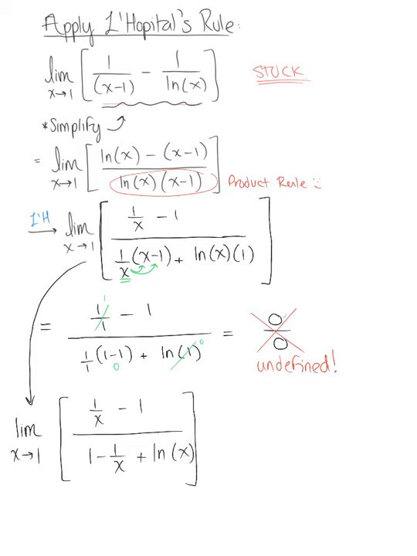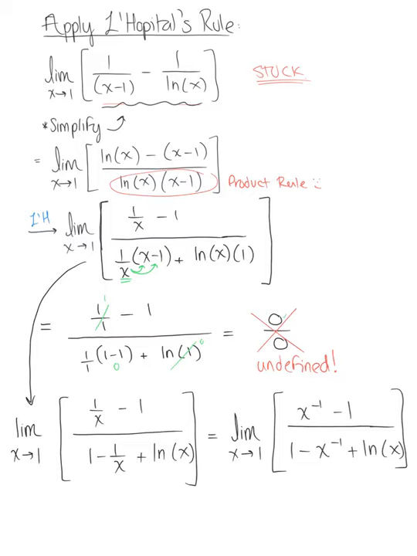And then since we're going to be applying L'Hopital's rule again, I'm going to rewrite this as the limit as x approaches 1 of x to the negative 1 minus 1 all over 1 minus x to the negative 1 plus the natural log of x.